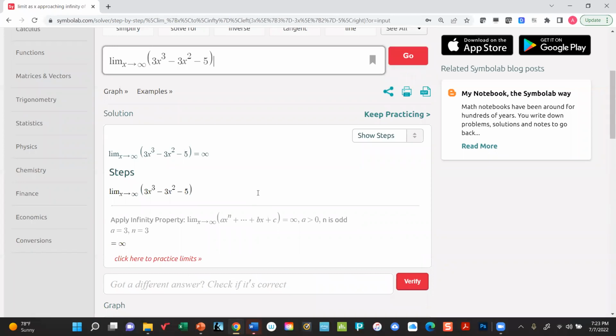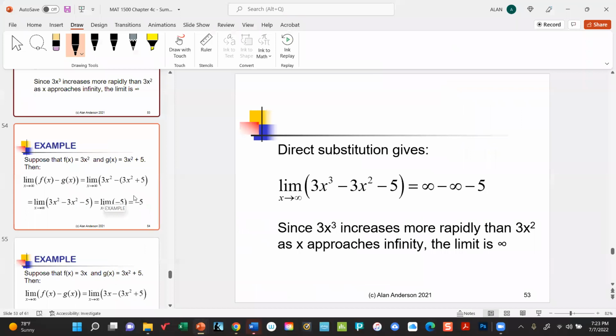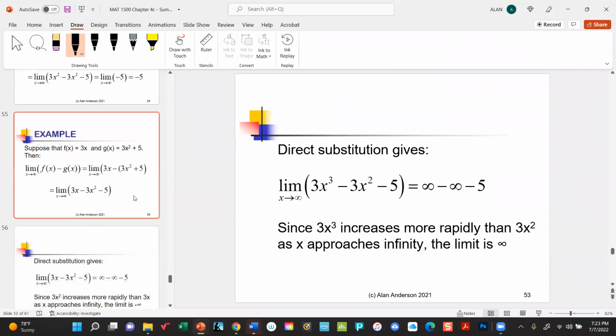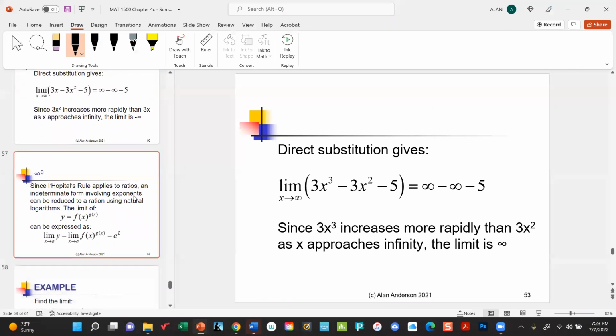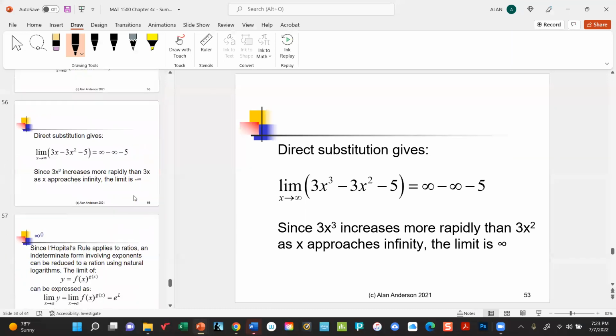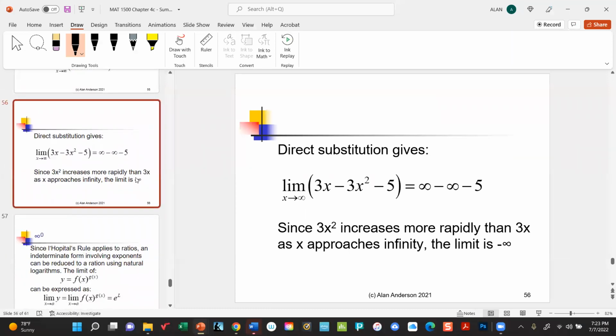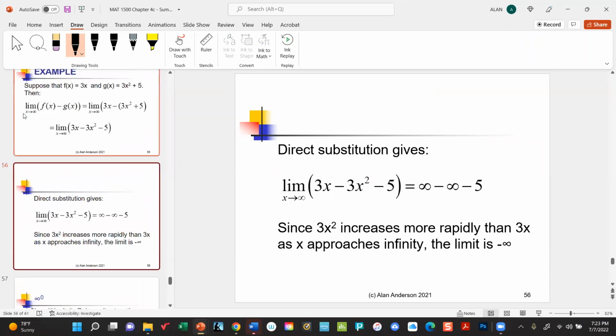Oh no, it is infinity. Okay, that's good. That means I have a typo in here somewhere. Let's see, here's negative infinity. Oh, I know what happened.